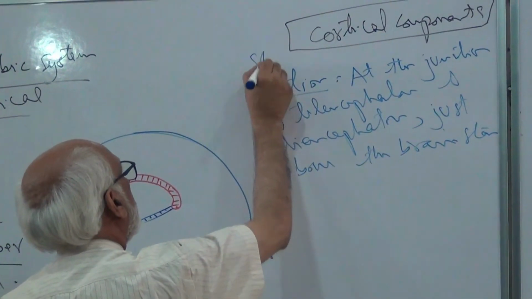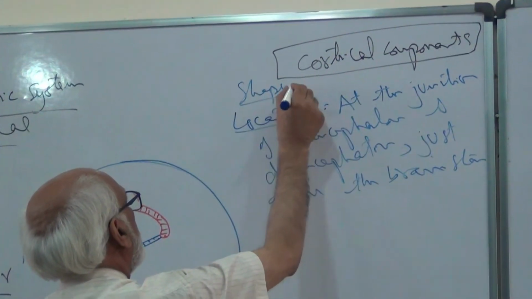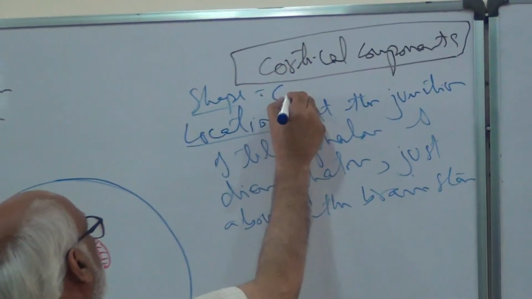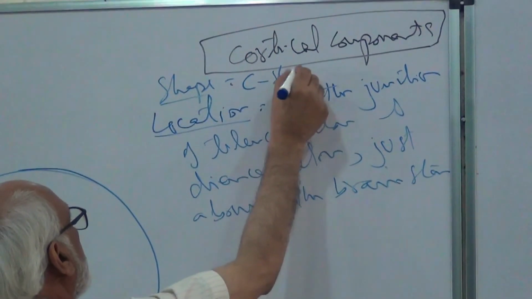And shape: it is a C-shaped or arch-shaped cortex.